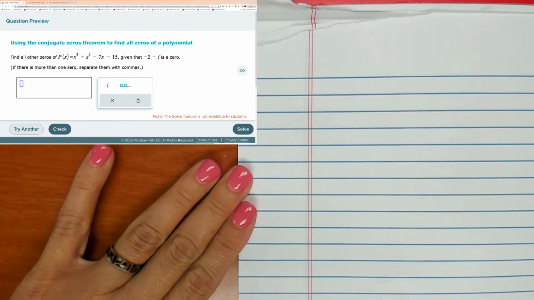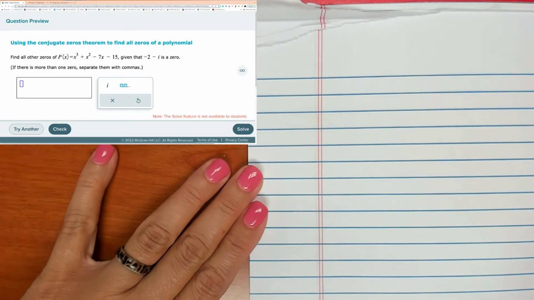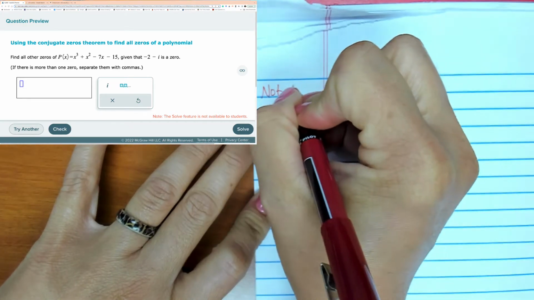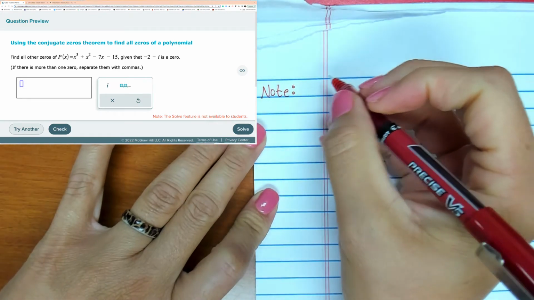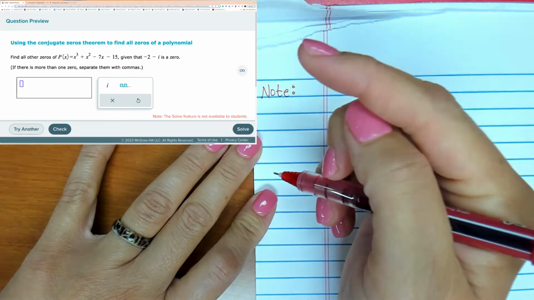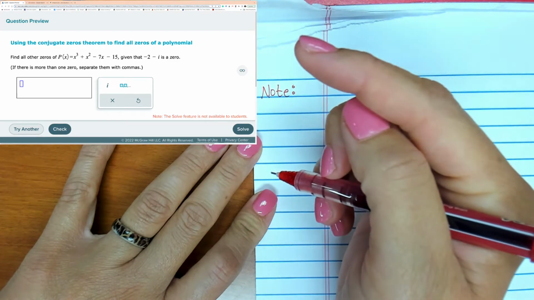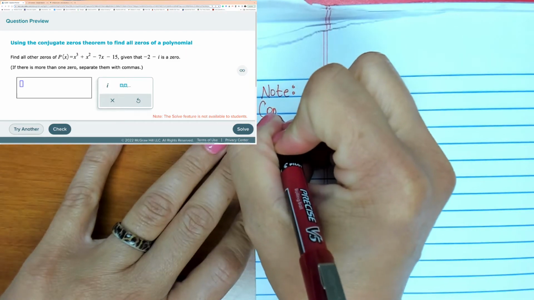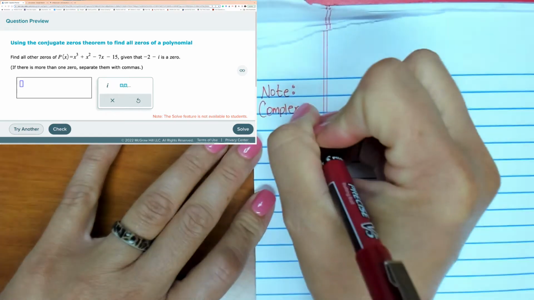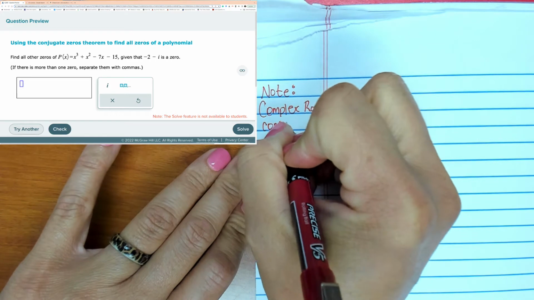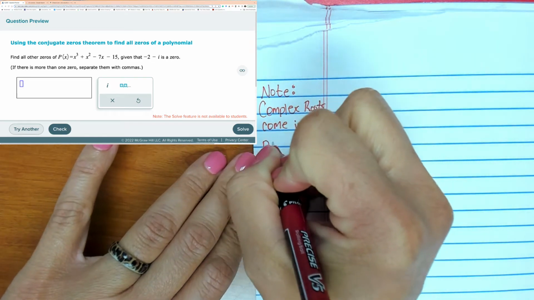Well, maybe there's one thing that we need for this. So let's write a note. One note that I would put down is that when we are discussing complex roots or complex zeros, we need to remember that complex roots come in pairs.